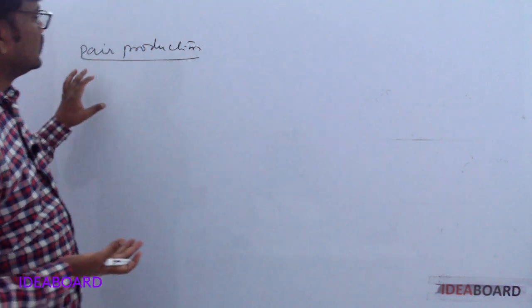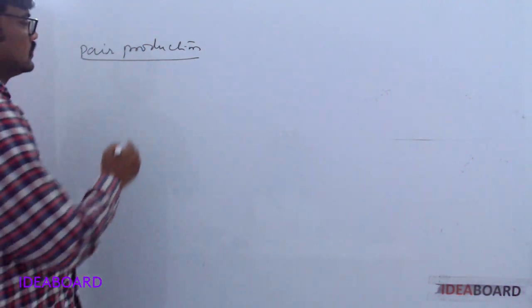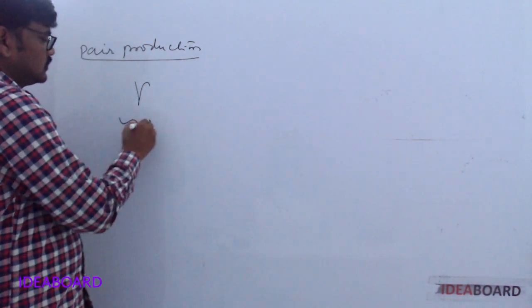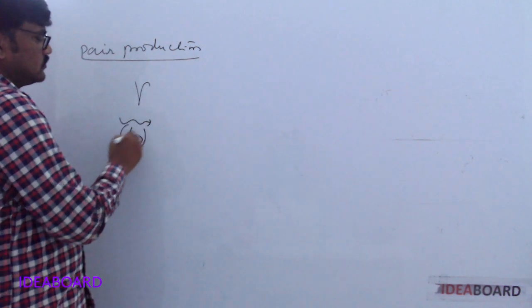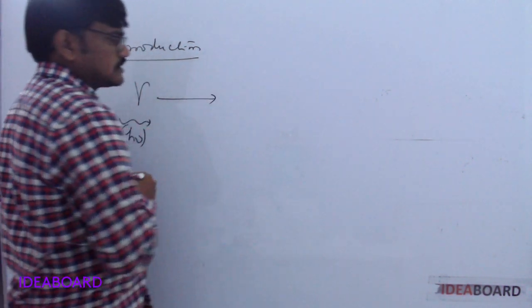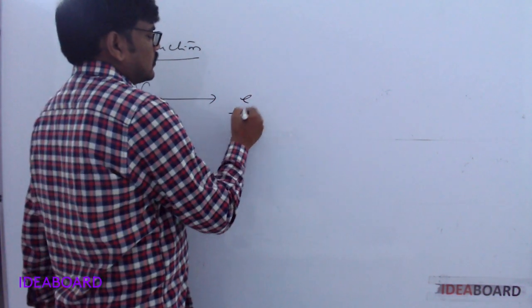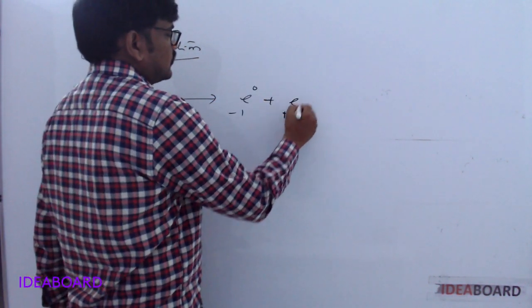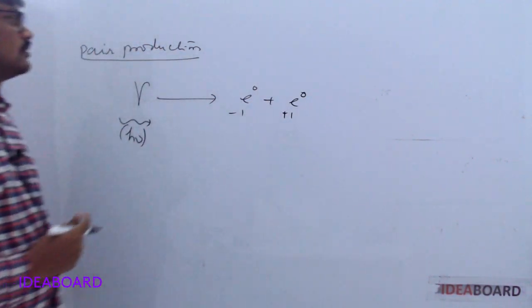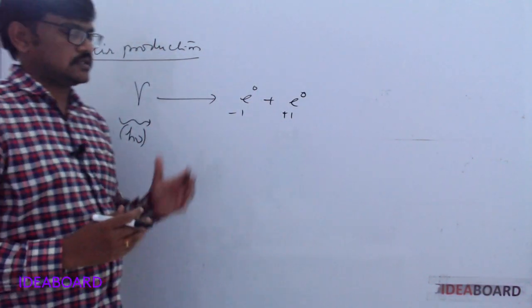So this phenomenon is called pair production. Gamma photon of energy, we say h nu, incident on any substance and re-emits electron and positron. Pair will be produced. So this is called pair production.